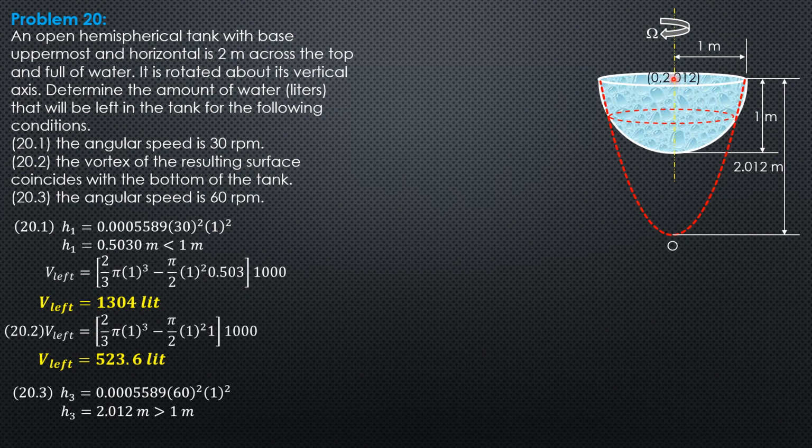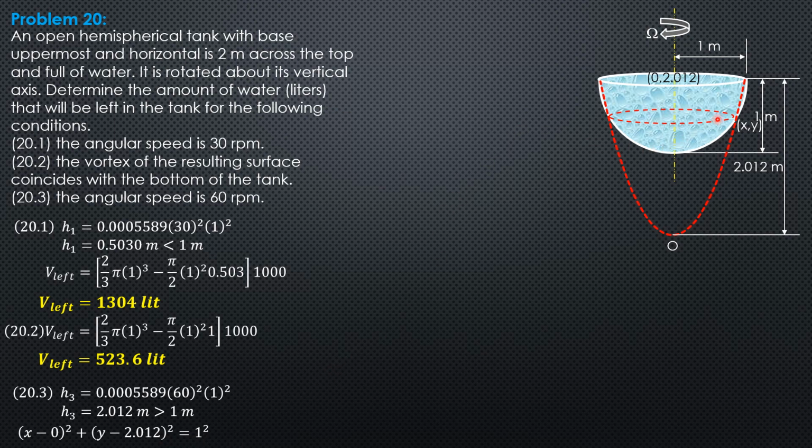The location of the center of the hemisphere, or this semicircle here, would be 0, 2.012, because I denoted this as the origin. And we will call that x comma y, wherein this is y and that is x. So the equation of a circle is x minus 0 square plus y minus 2.012 quantity square equals 1 square.